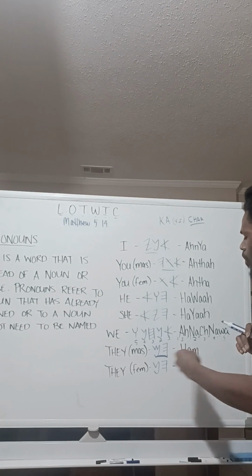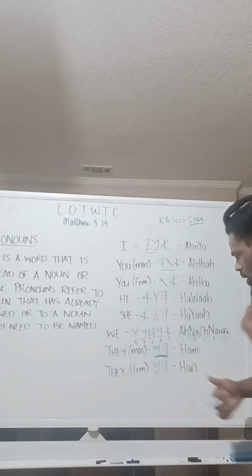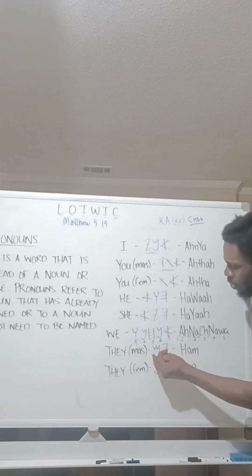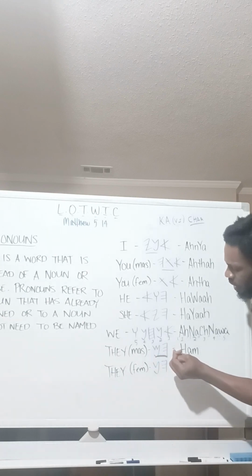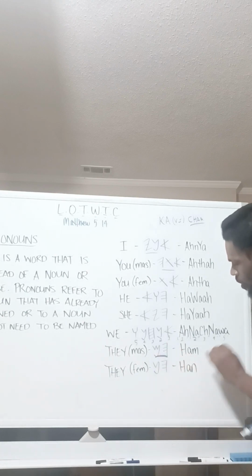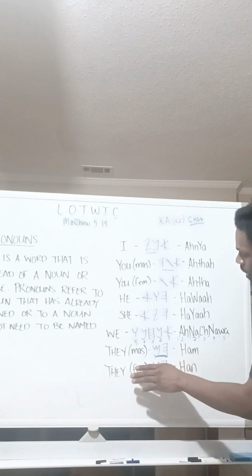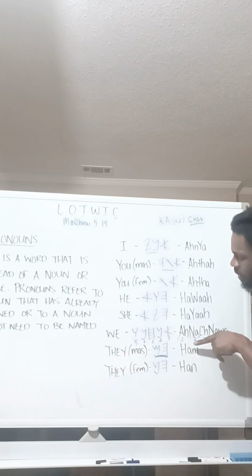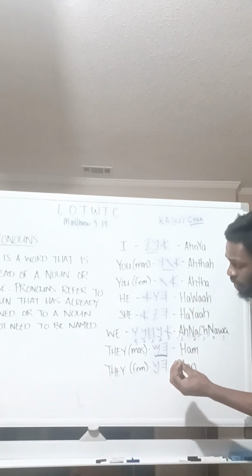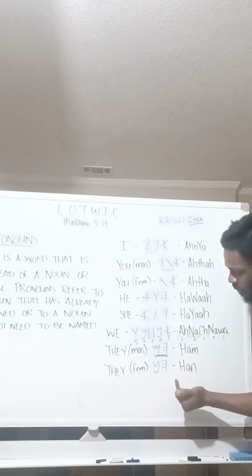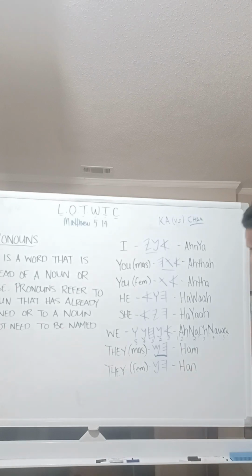So I don't produce the ma sound. I don't say ha ma. No, because it's a word now. I enjoined it and it's ham. Next word is they. It's the same word, as it's the feminine way of saying it. So they in the feminine way is han.